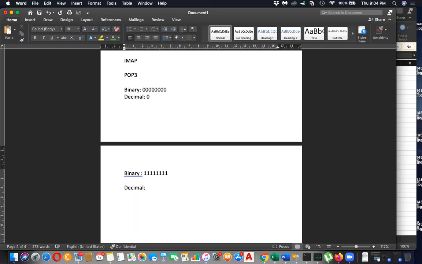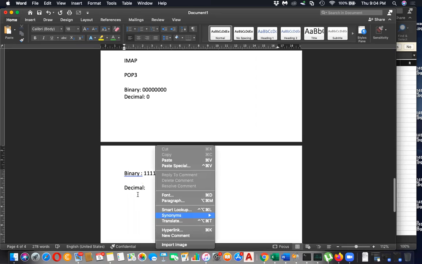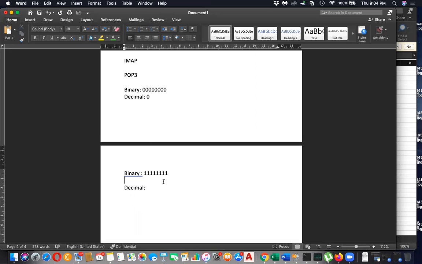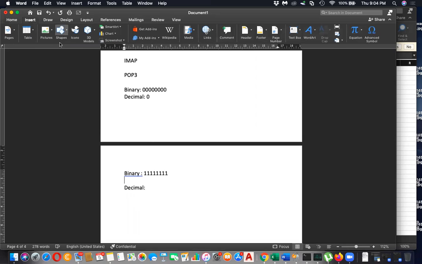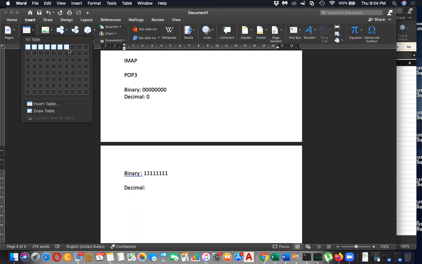How many ones? 8 ones. How do you calculate these 8 positions? Using the positional value of powers of 2.